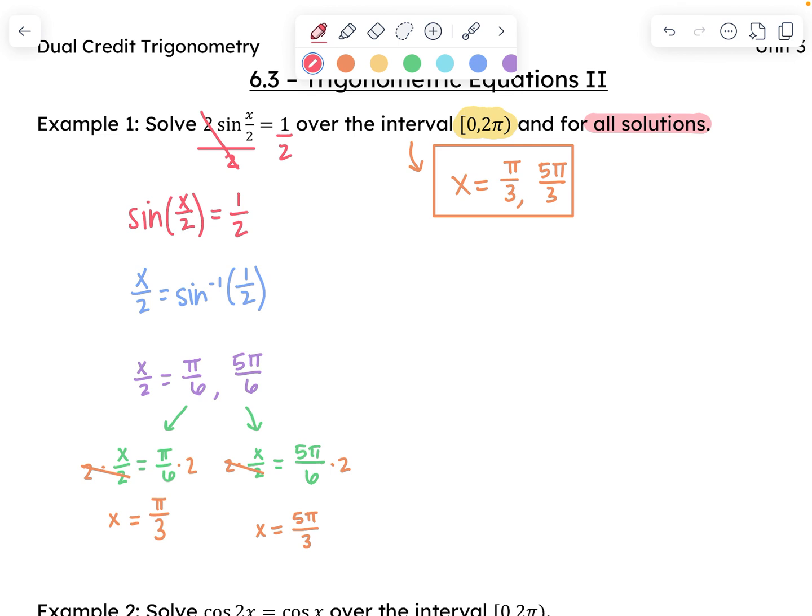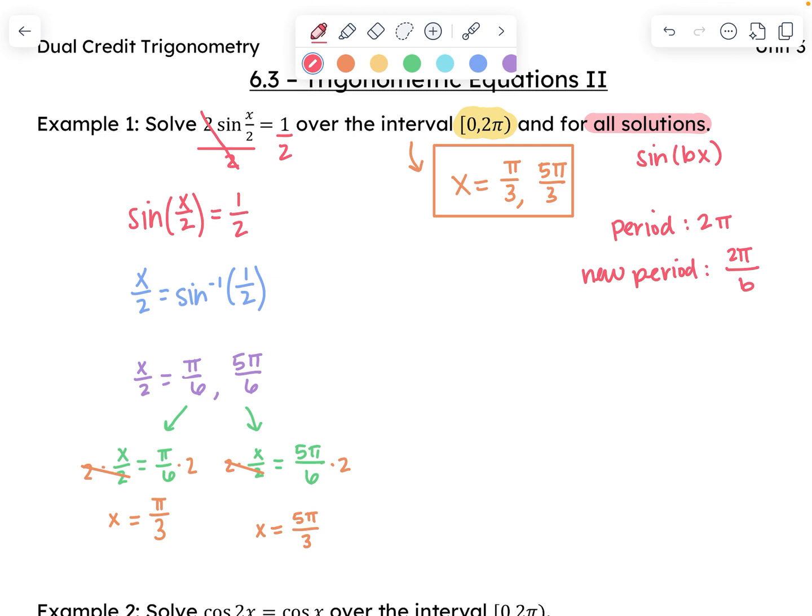So our normal period for sine is 2 pi. But remember, if I had sine of bx, I would find the new period by doing 2 pi over b. So I'm going to do the same thing here.